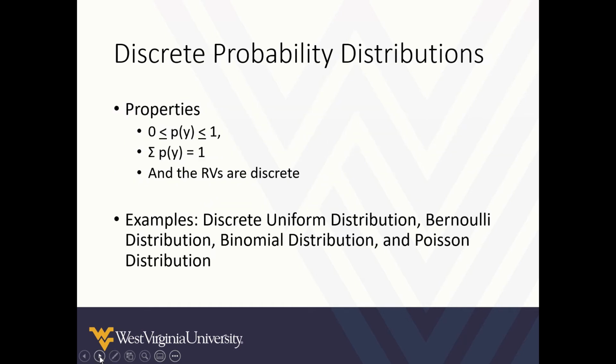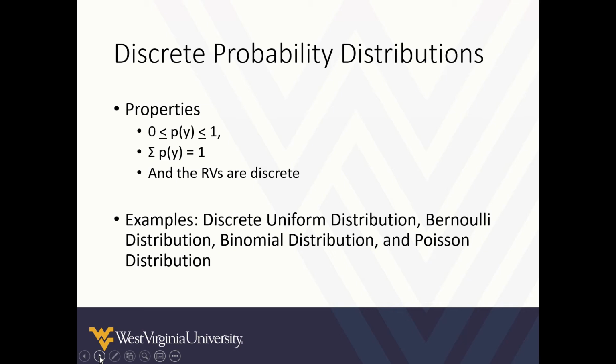So for the properties of our discrete probability distributions, the probability still exists between 0 and 1 inclusive. The summation of our probability distribution should be equivalent to 1. And as this is a discrete probability distribution, that implies that all of the random variables are discrete. Some examples of discrete probability distributions are the discrete uniform distribution, the Bernoulli distribution, the binomial distribution, and the Poisson distribution.